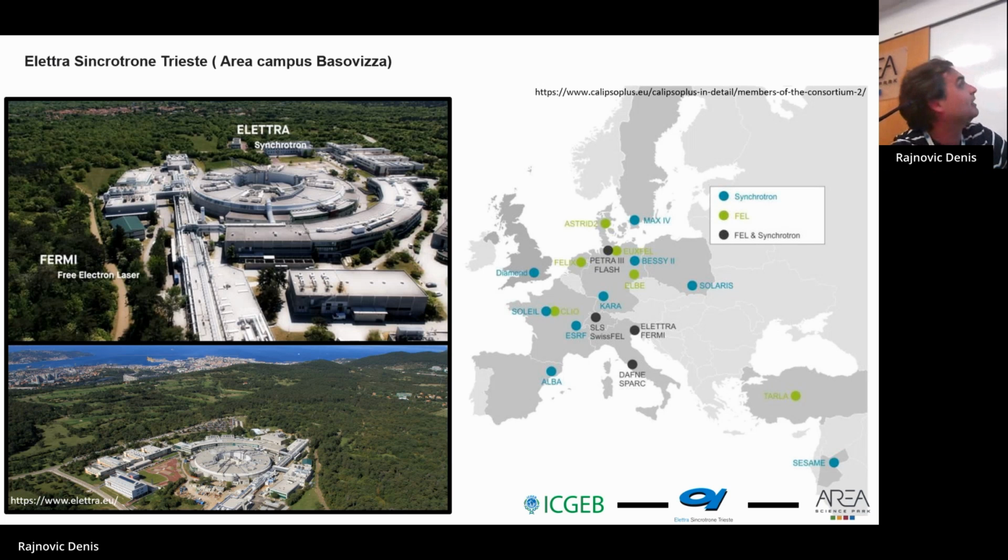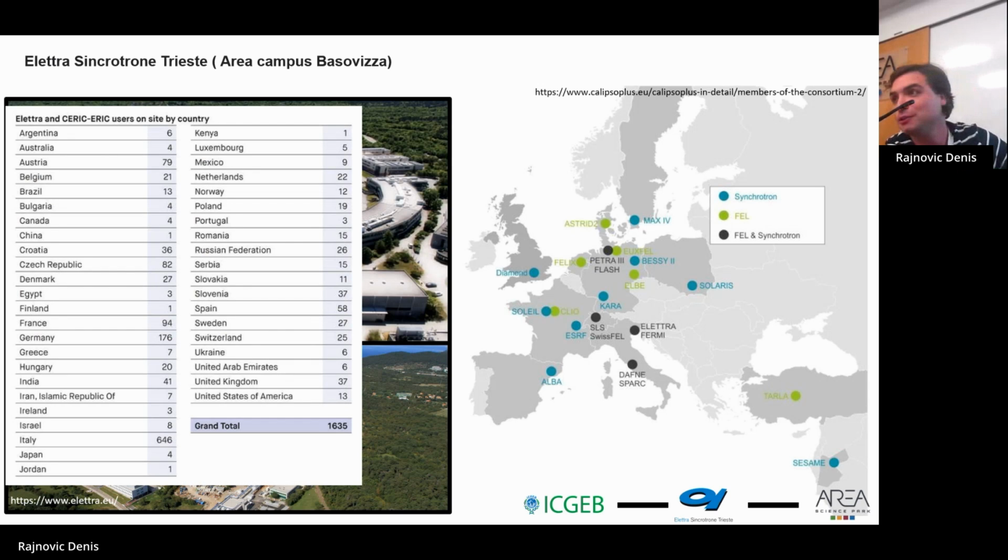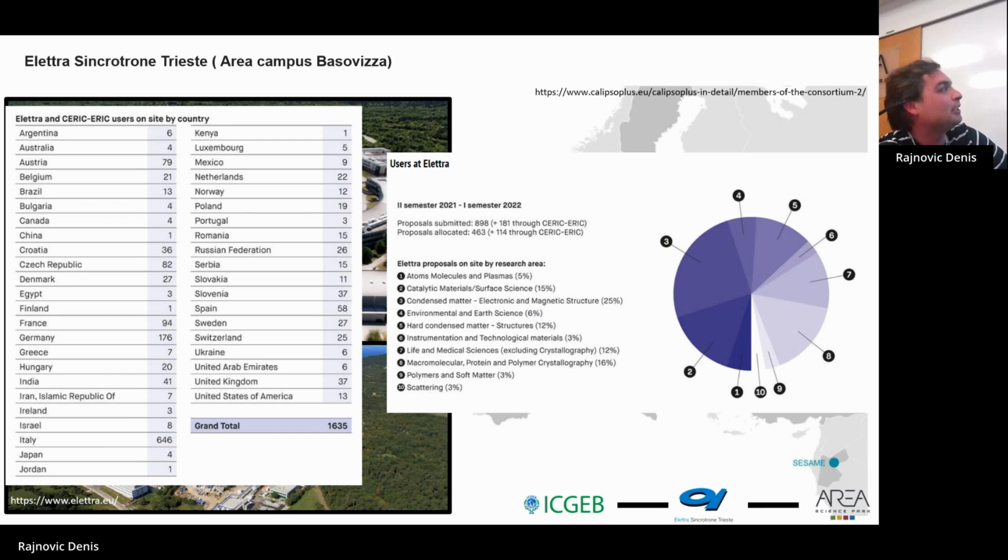The one here in Basovizza attracts users from over 50 countries around the globe. The majority of research is related to material science, and research dedicated to life and medical sciences is around 12%.